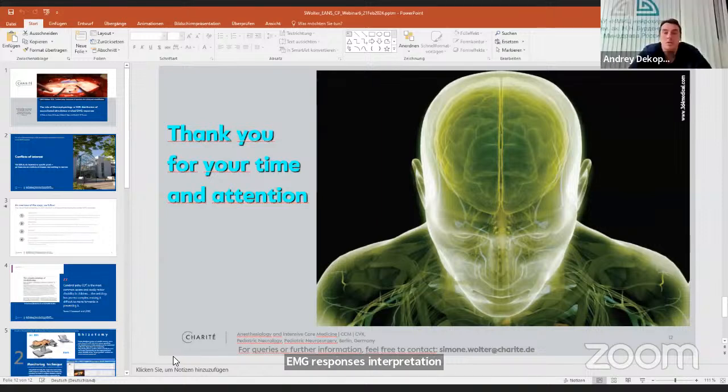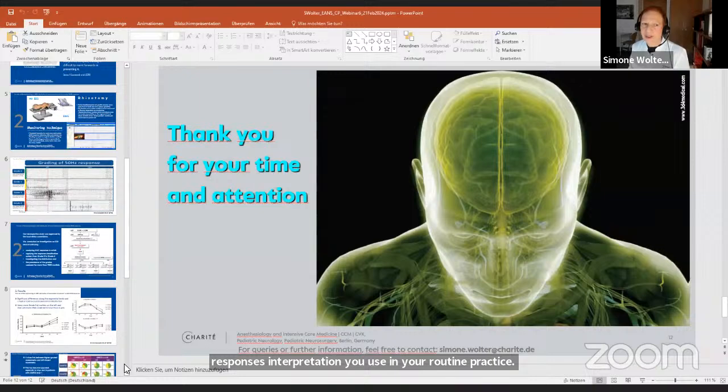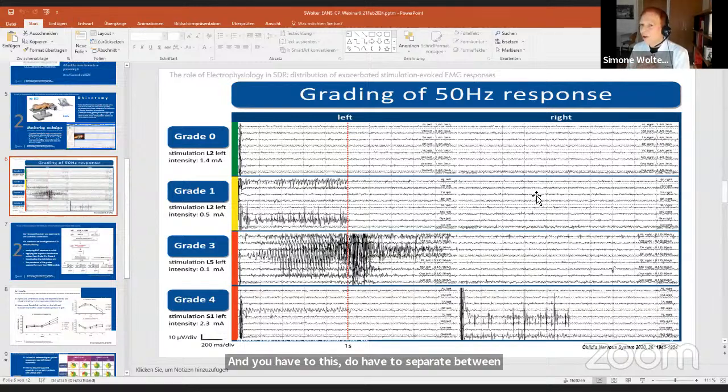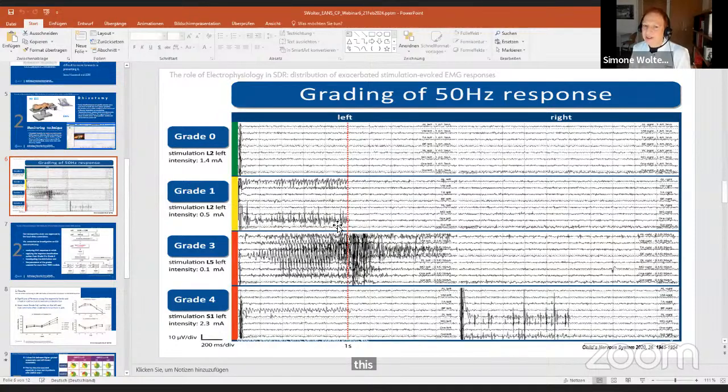Our interpretation is very close to the response classification system from Park and from Philips, but we also use the Peacock differentiation, because if you have rootlets only with the same grade and you have to separate between them, then we also use this pattern to say this is very abnormal and very intensive, and we differentiate the rootlets by means of this Peacock classification.